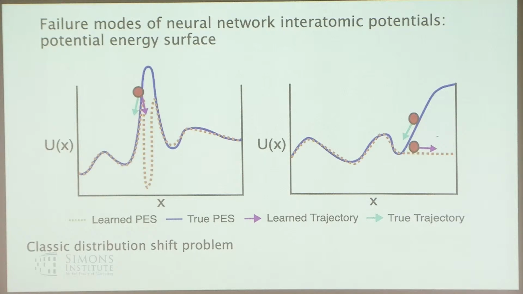Or maybe you're supposed to be going down towards some local minimum, but you go in another direction, and that shows up in how the simulations are run. I would call this a classic case of a distribution shift problem, where you are moving out of regimes that you haven't seen, and so you don't have that complete picture.